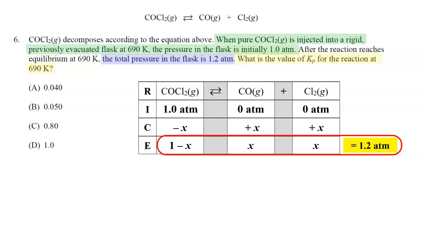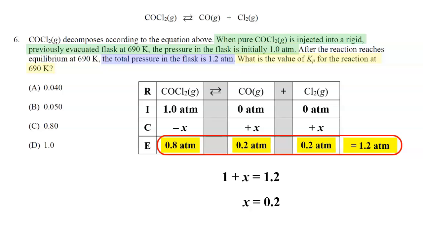And so that simplifies to 1 plus x equals 1.2, and therefore the value of x is equal to 0.2. So since 1 minus 0.2 is 0.8, that's the partial pressure of the COCl2 at equilibrium. And then for the other gases, their partial pressure values are 0.2 and 0.2.